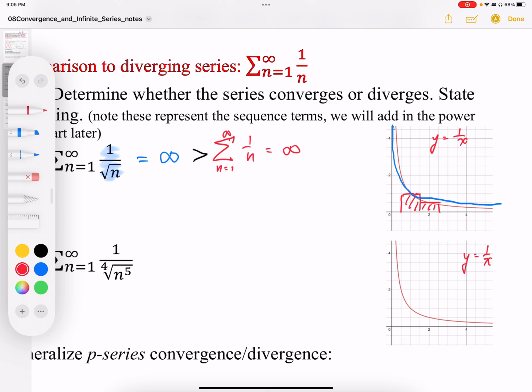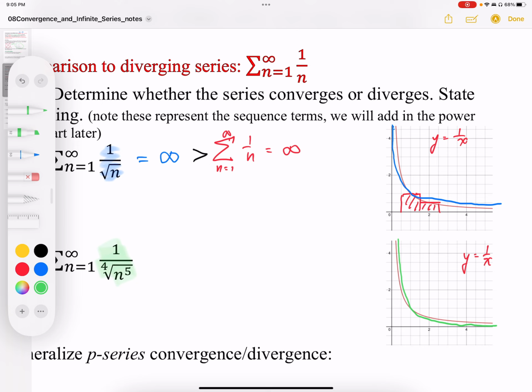We could do a similar comparison when we have 1 over the fourth root of n to the fifth power. If we sketch this diagram and compare it to the 1 over n function, which I'll do in green, it's going to look a little bit different. It's going to follow the same shape, but because the power is bigger than 1, it's going to come down to 0 a little bit quicker.